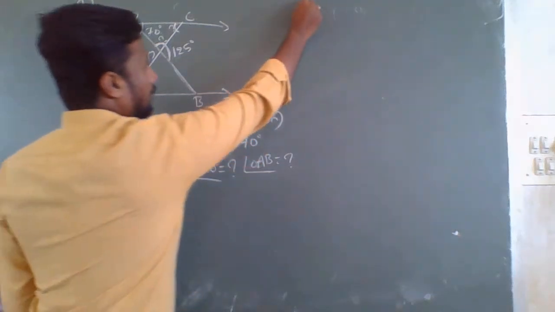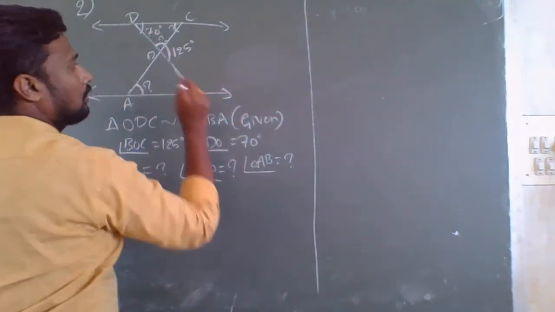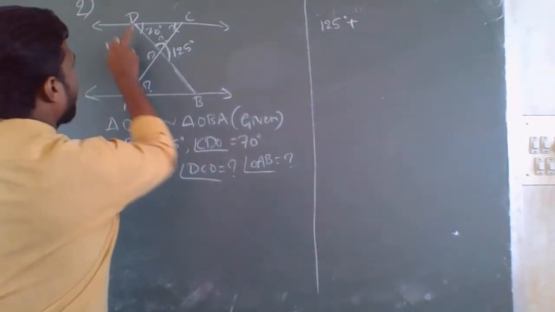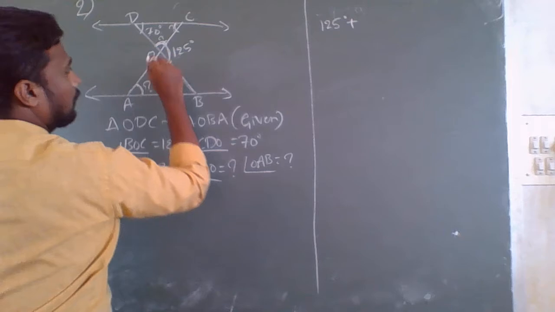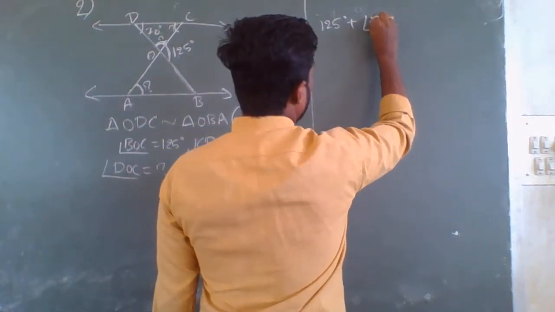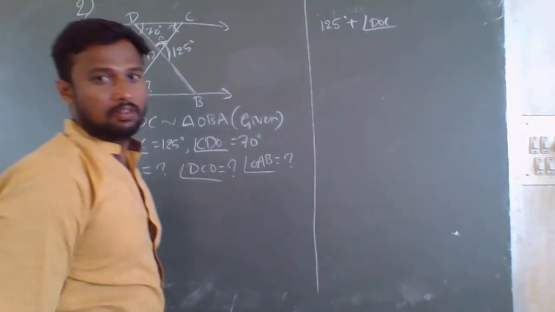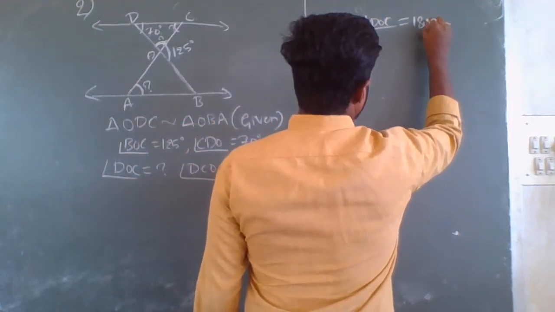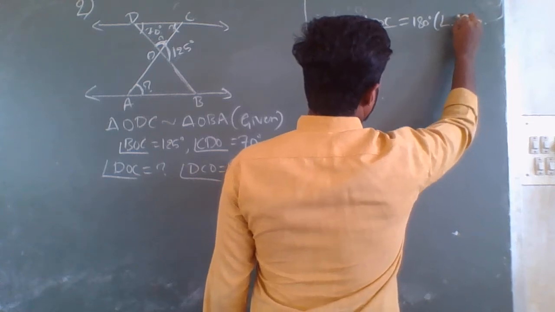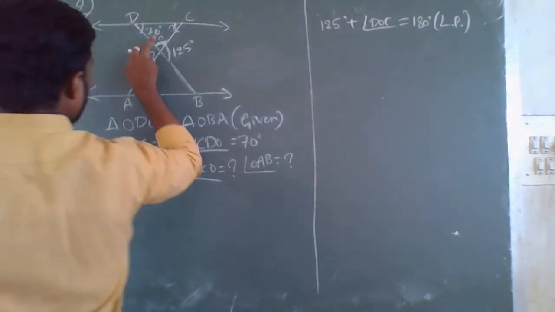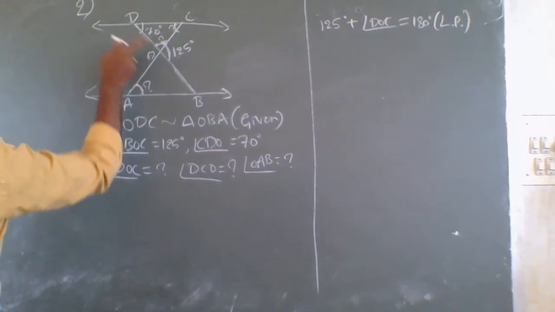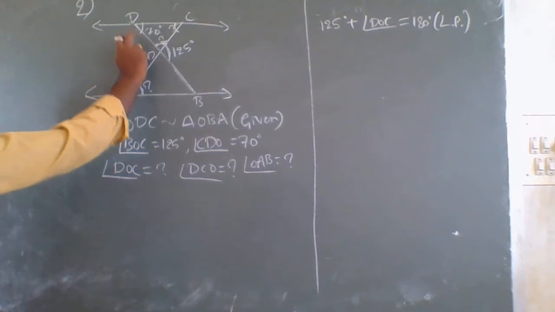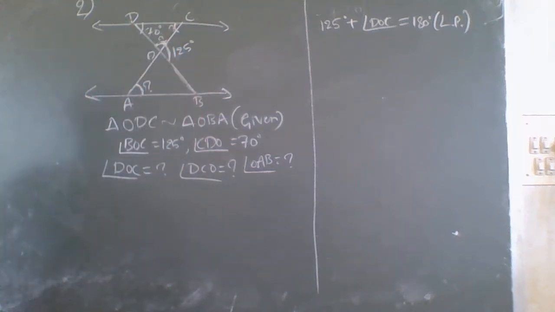Therefore, 125 degree plus angle BOC equals 180 degree by linear pair, because these two angles are on the same line BD. Therefore, 125 degree plus angle DOC is equal to 180 degree.